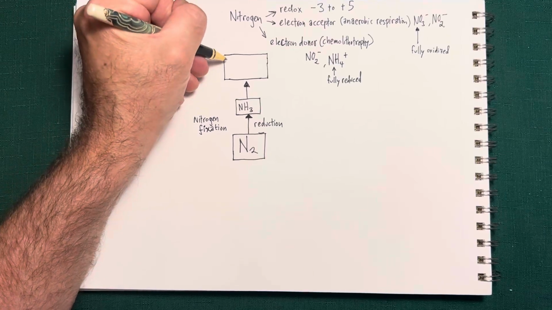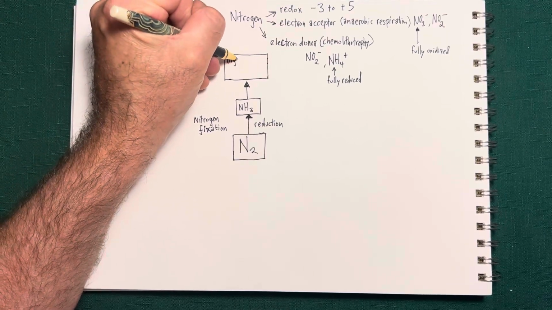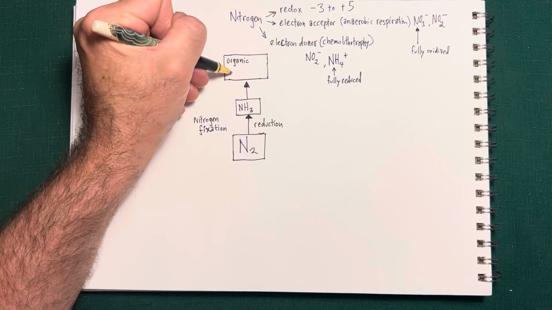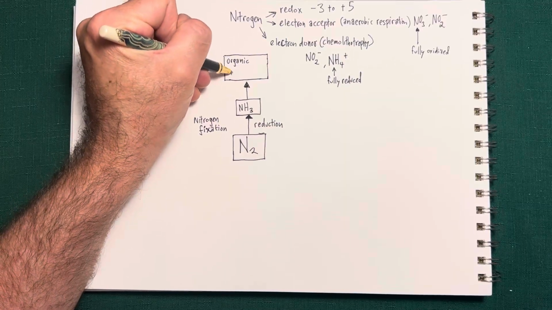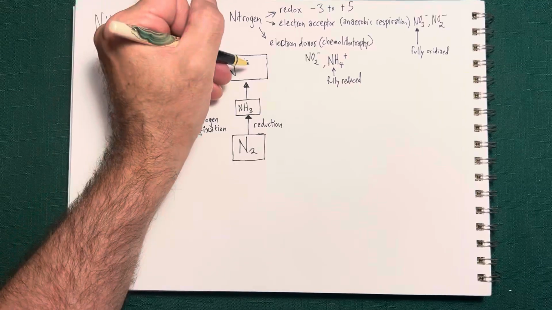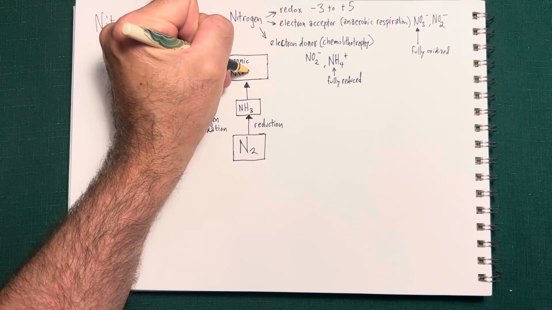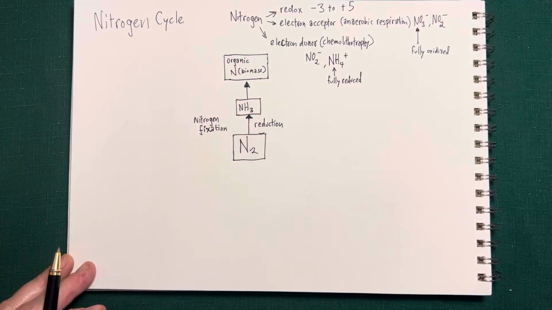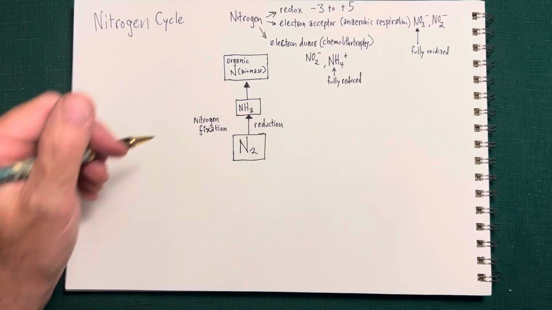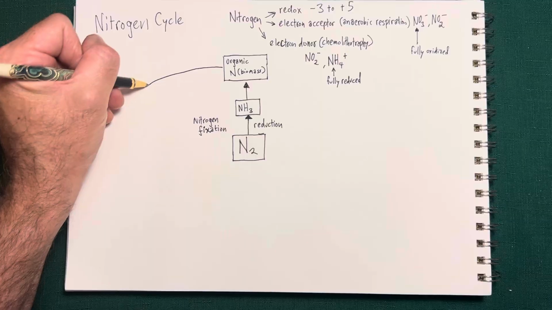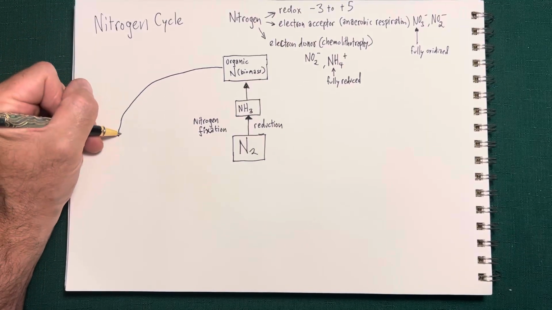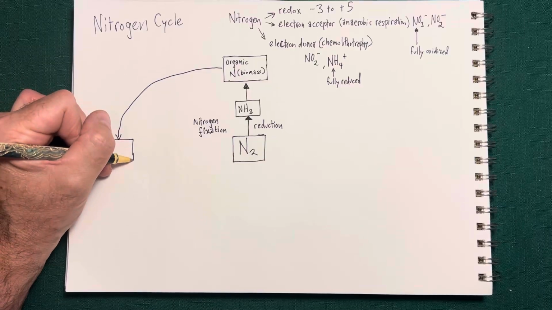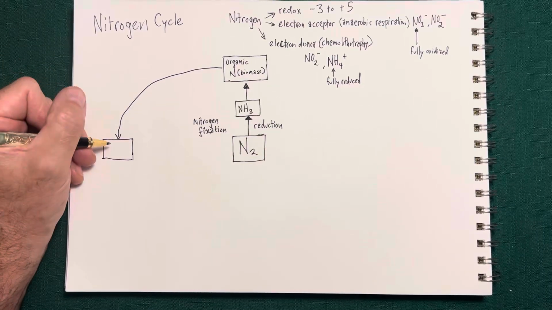So all of those things that I mentioned, nucleic acids, proteins, essentially the stuff that we use. When organisms die, we don't hold on to our nitrogen after we die.